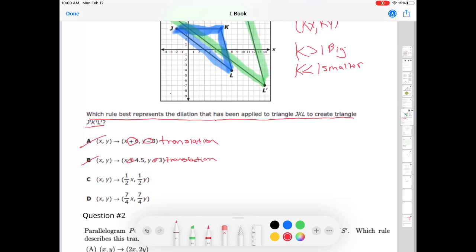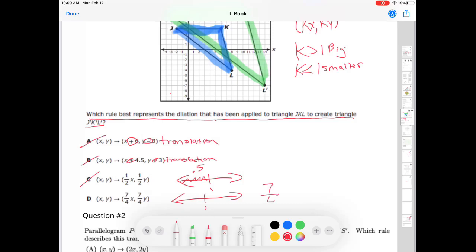Now, C looks like what we talked about, kx and ky. So it looks correct in that way, but it's 1/2. If we were to use a number line, 1/2 would be on the left side, and it would be less than 1. So we know that C is out. That's 0.5 specifically, if you want to put it in decimal form. Now, D is an improper fraction, which is larger than 1.